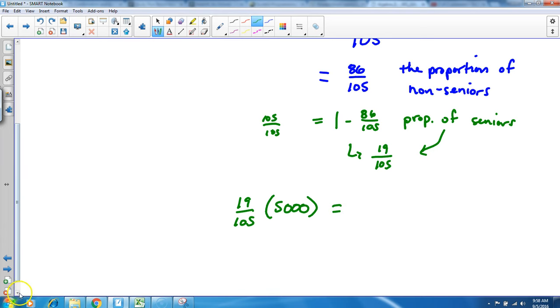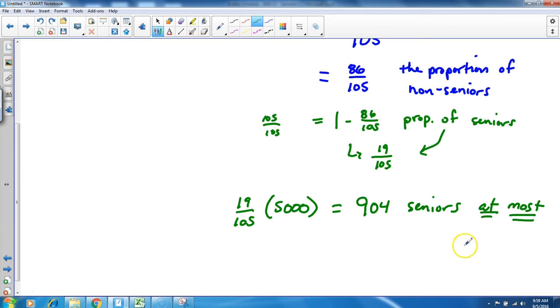When you multiply that out, you would get 904 seniors at most. That's the maximum.